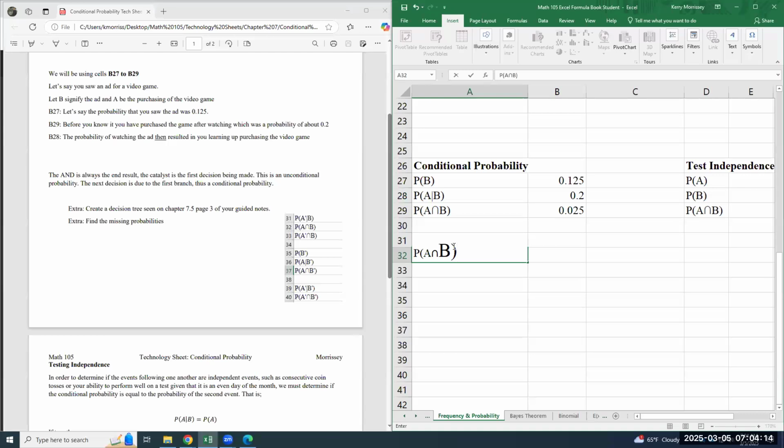And keep in mind, we're looking for not A. Where is my cursor? There we go. Not A and B. Down here, we have the probability of not B, the probability of A given not B. I might just copy, paste, and swap my not.